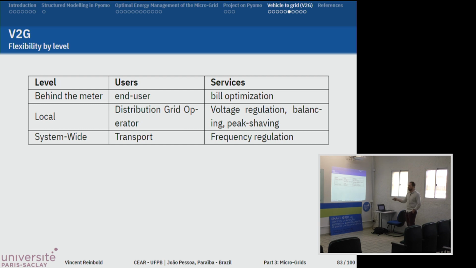So there are a lot of different projects. Usually it's for companies that have large electric vehicle fleets, and they can contract this kind of technology for frequency regulation. So the main research and projects being done now concern frequency regulation.